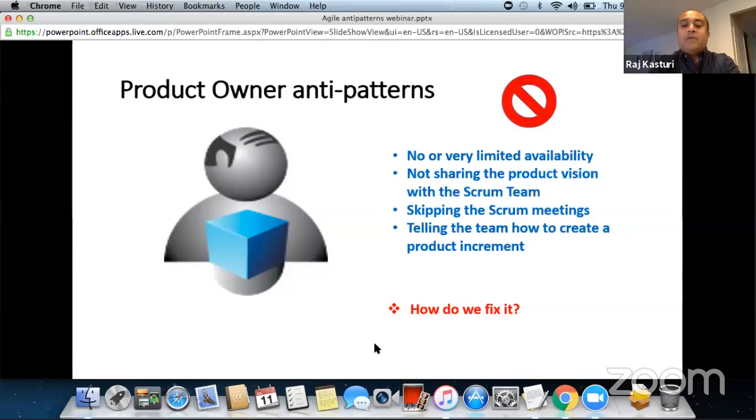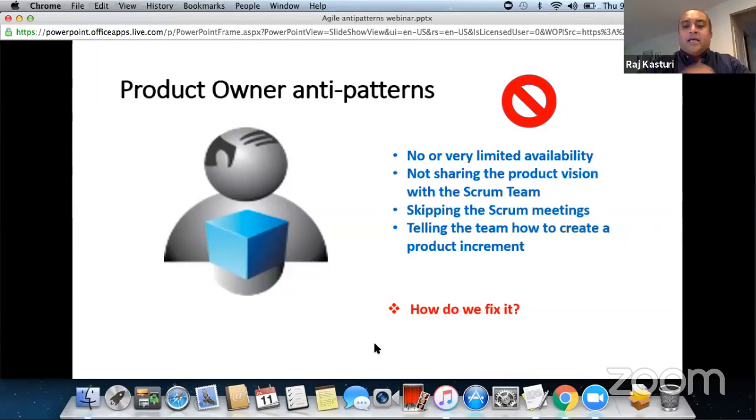So I would encourage my product owners always to say, please try to attend the daily Scrum. But any meeting that is skipped by the product owner, I think you're undermining the value of the product that we are building. So it's important to have that collaboration and attend the Scrum meetings.